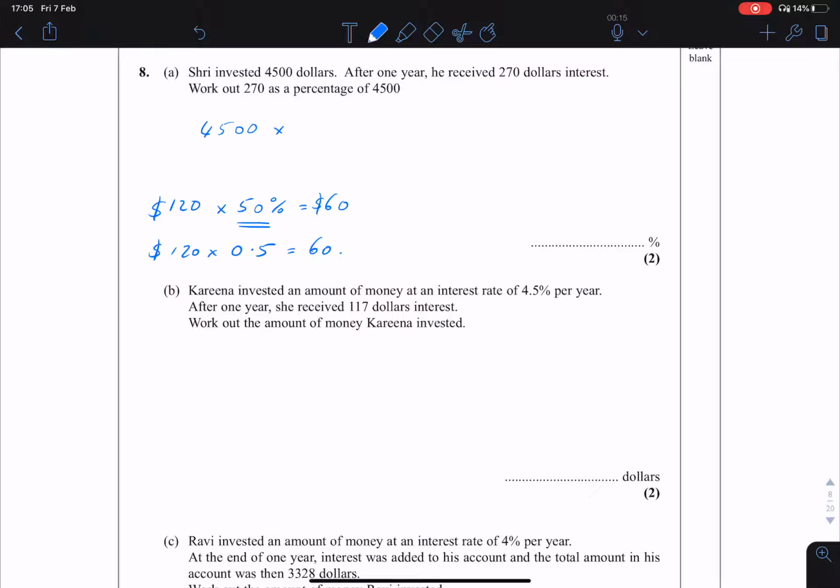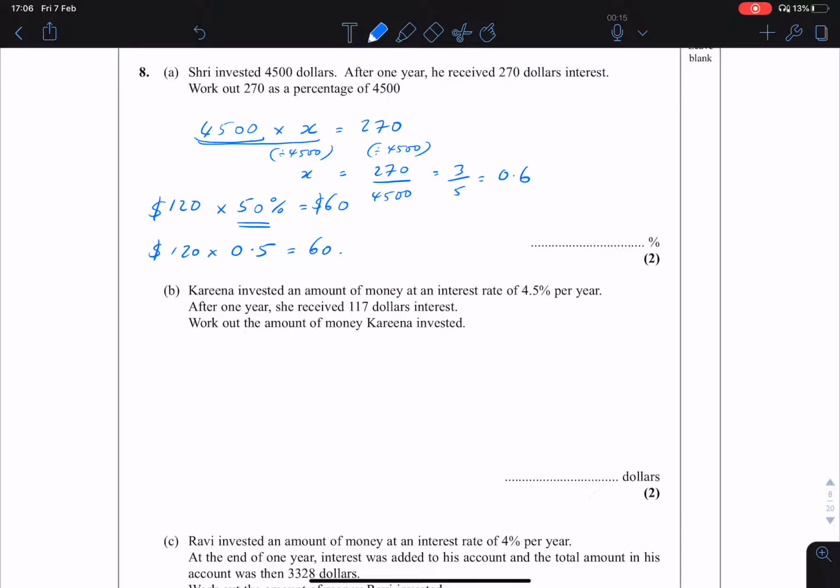So we've got 4,500 times something equals 270. Well, in place of the something, we use our friend x. And remember when we were solving equations, to get rid of the number, we divide both sides by that number, 4,500 divided by 4,500. And we get x equals 270 over 4,500.